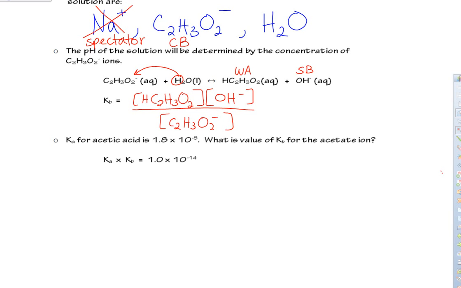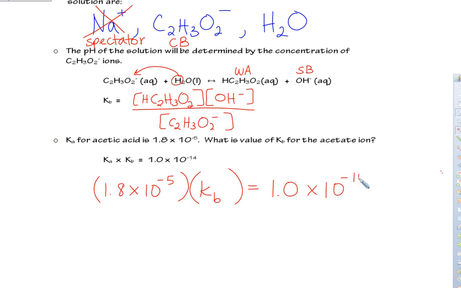Again, this is in the AP packet. Ka times Kb equals 10 to the negative 14th. Again, on a chart, we're probably only going to find acetic acid. Its Ka is 1.8 times 10 to the negative fifth. If we want to solve for Kb, we'll just set the product to 1.0 times 10 to the negative 14th.